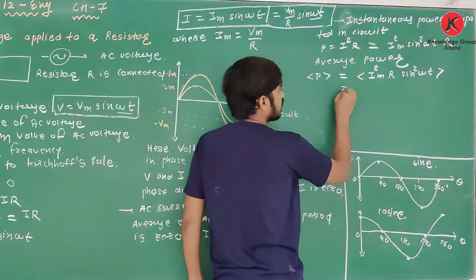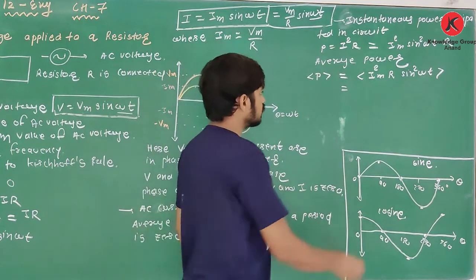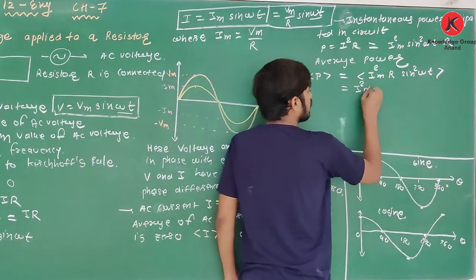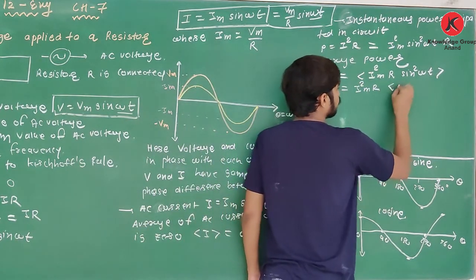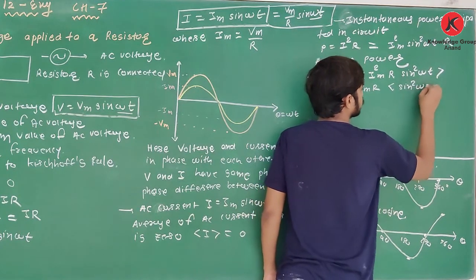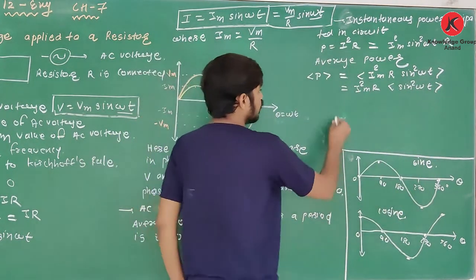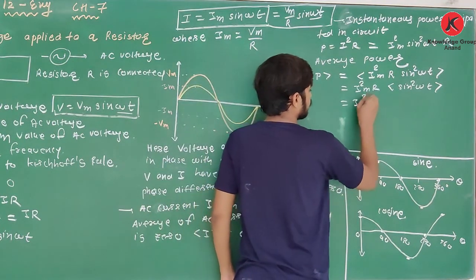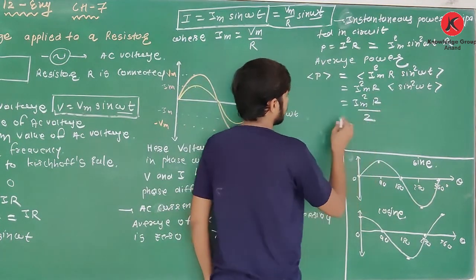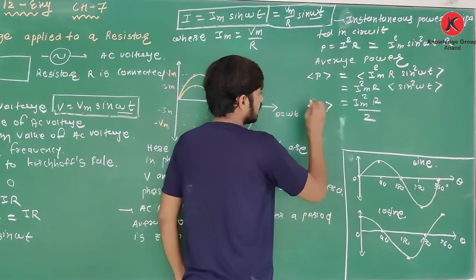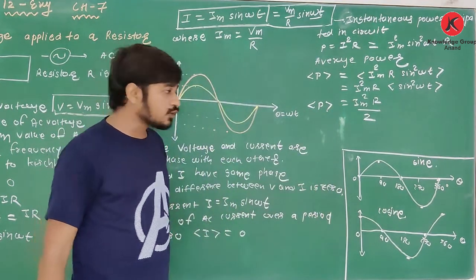I square M R is constant, so it is the average of sine square omega t. And what is the average of sine square omega t? You know it is 1 by 2. So it is equal to I square M R divided by 2. It is the average power.